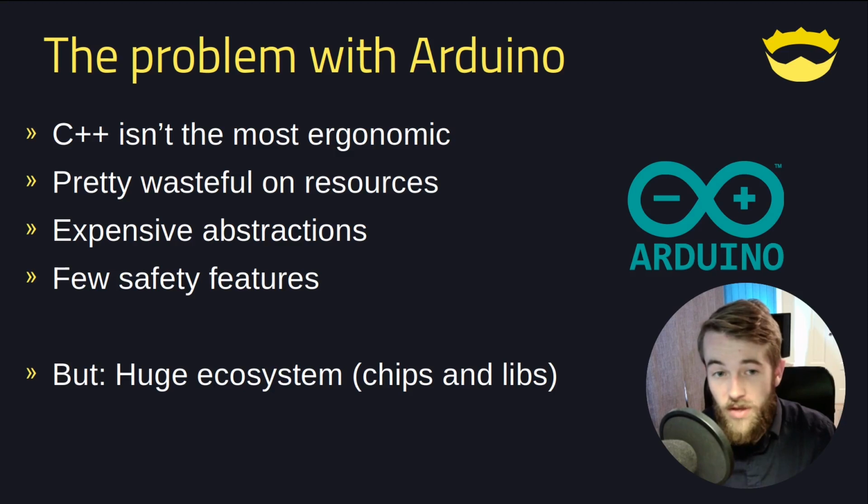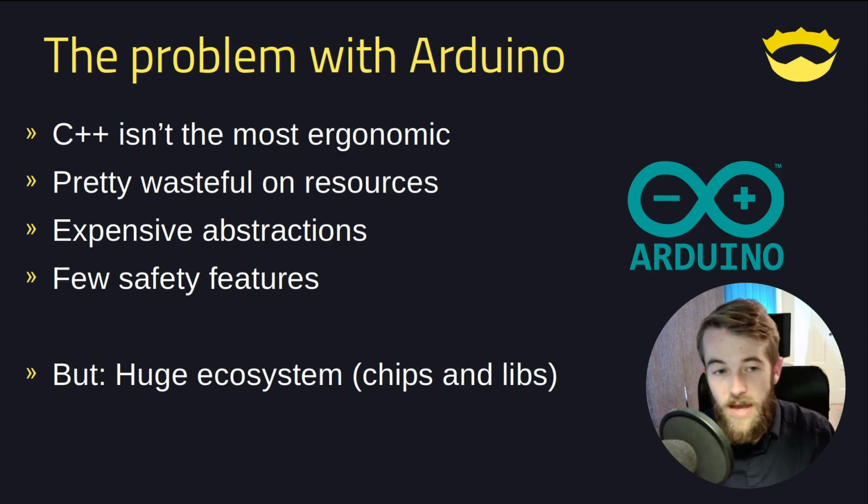But when I started looking, so I had been told that Arduino wasn't great for size, and when I started looking at implementing this keyboard firmware, I really realized how big and how bloated the Arduino ecosystem is. And part of that is expensive abstractions. We will get into this when I start talking about Nim's zero cost abstractions.